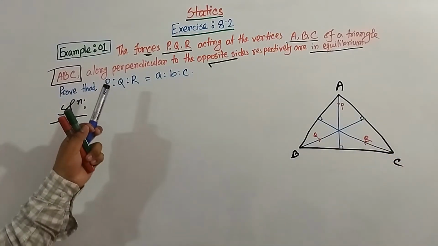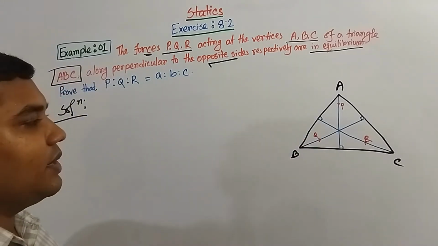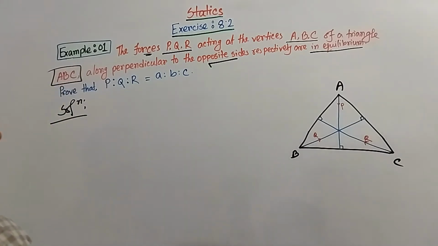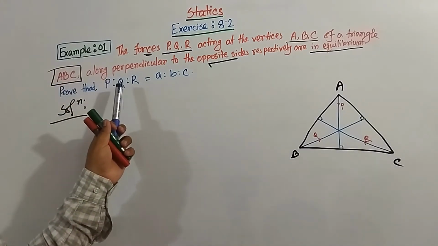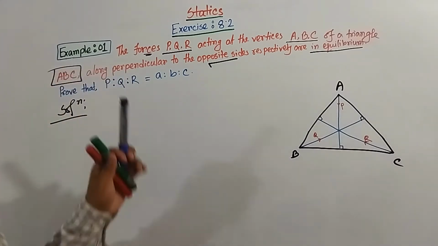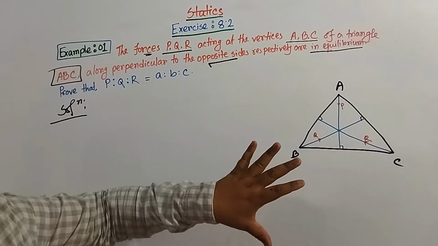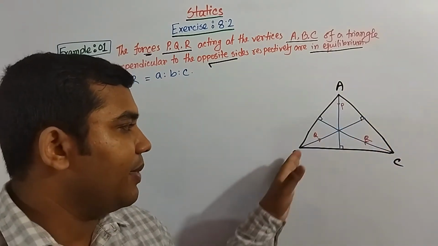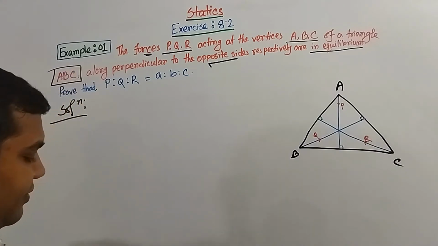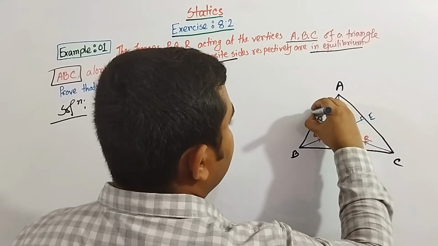Now our question says these are in equilibrium, that is, P plus Q plus R should be 0. If so, then we need to prove P is to Q is to R equals A is to B is to C. For this, we have already drawn the triangle and the three perpendiculars, so we can name them, say AD, BE and CF.